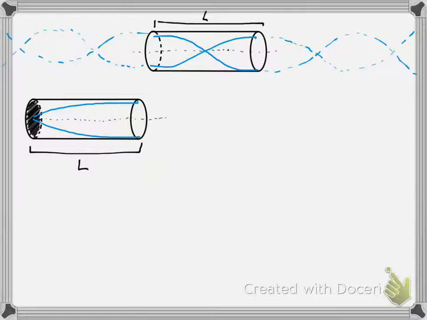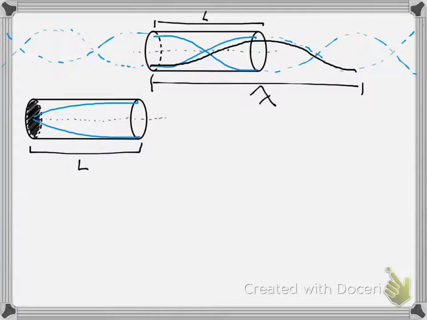We know that a wavelength is the distance from one trough to the next trough, or one crest to another crest. So if we trace from this end, that's our trough, we go up, we go down, bingo, another trough. So one trough to the next trough, that is lambda, that is our wavelength.